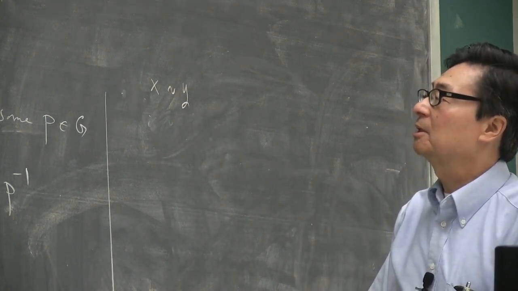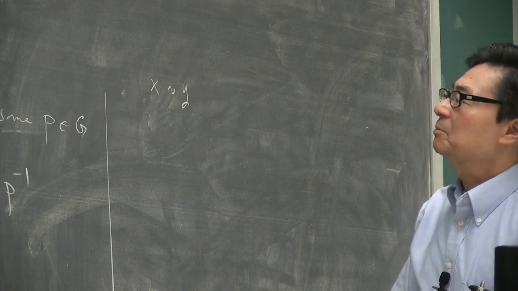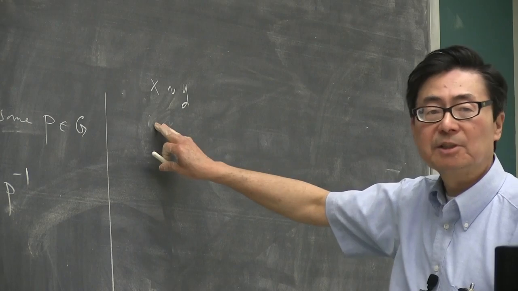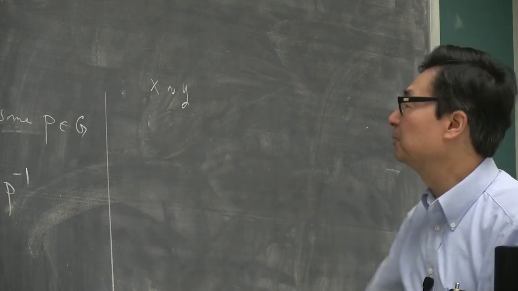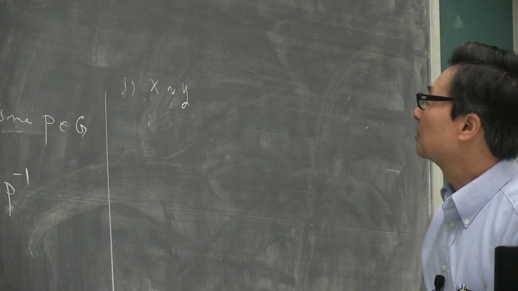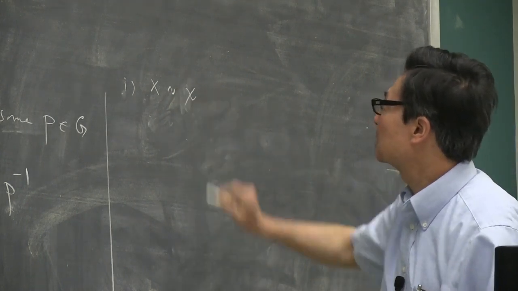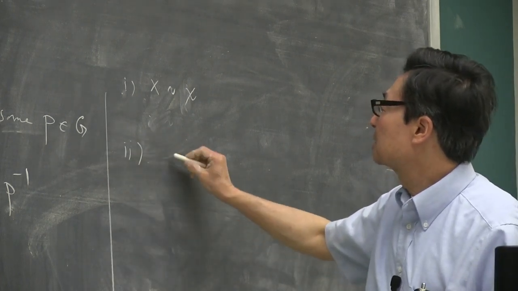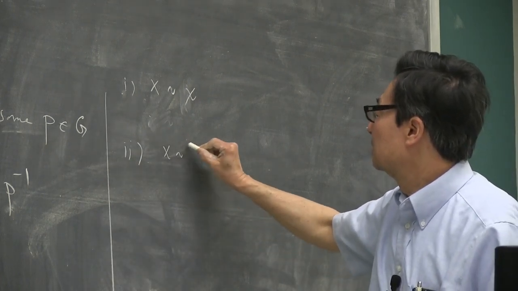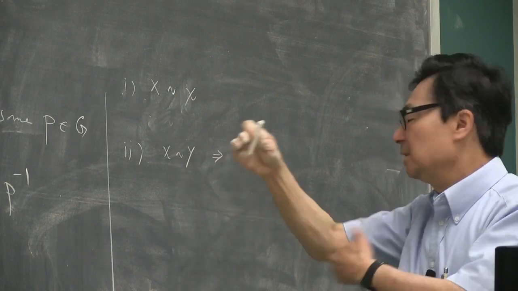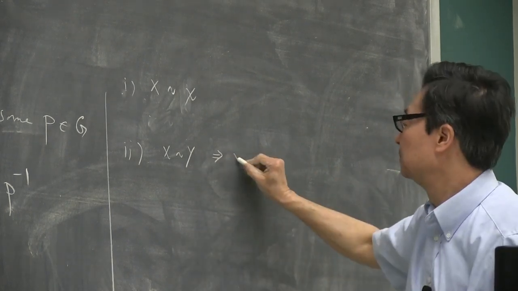So you can show that the concept of conjugacy in group theory is a very special case of an equivalence relation in basic set theory. An equivalence relation has to satisfy three properties. Number one is that something is always equivalent to itself. The second thing is, if two things are related to each other, then they are related in the opposite order also.